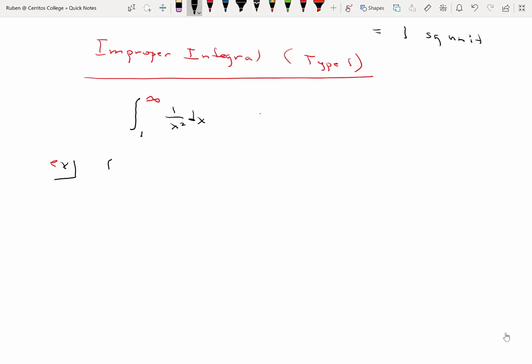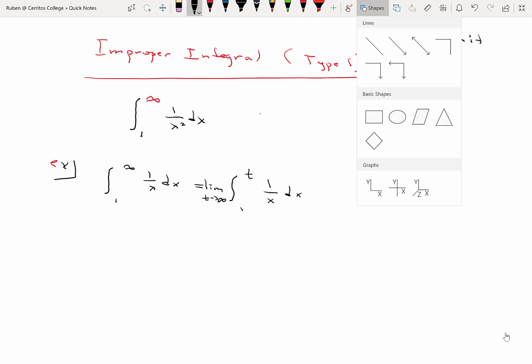So what we do is we integrate between 1 and some constant t of the function 1 over x with respect to x. Then we take the limit of this quantity as the upper limit of integration becomes infinite.